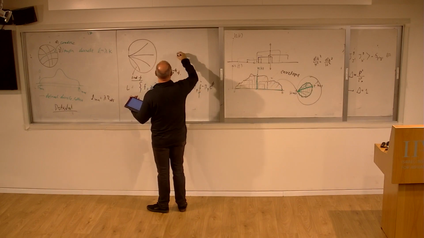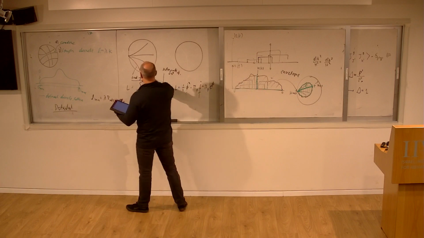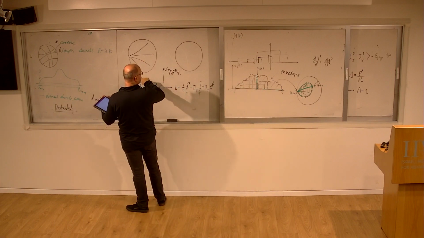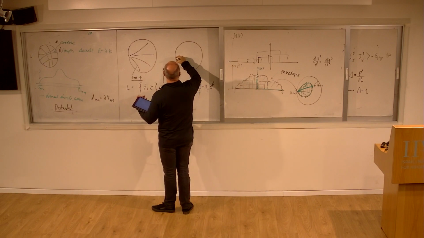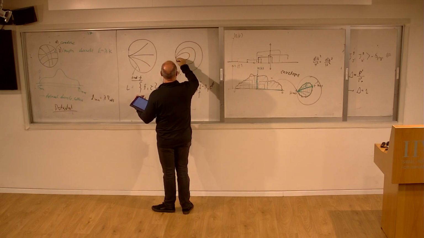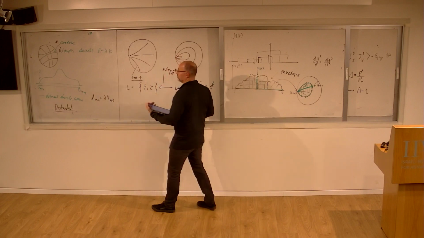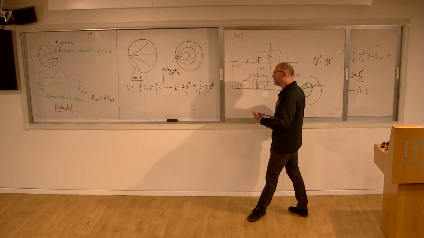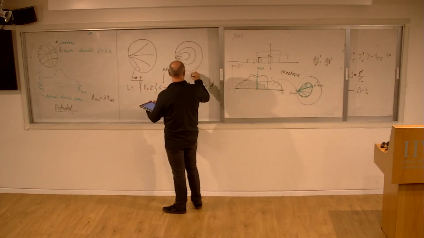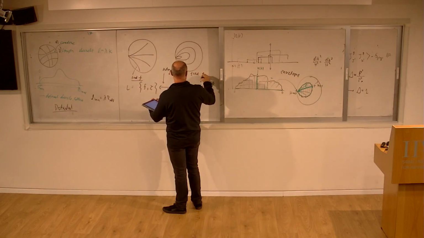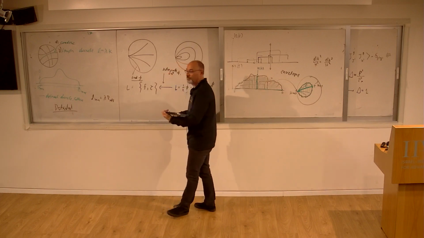And lines of fixed phi are something like this. This is some kinematics of Euclidean AdS2. So this is fixed phi slices.